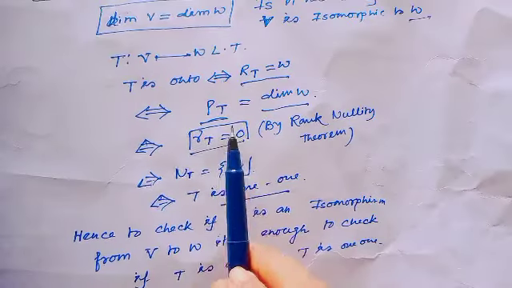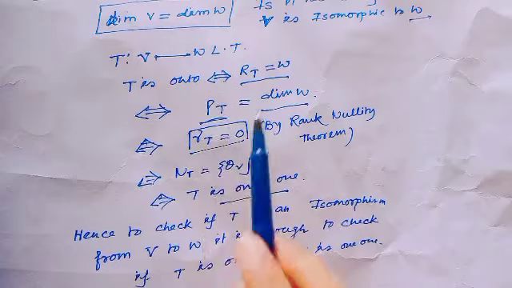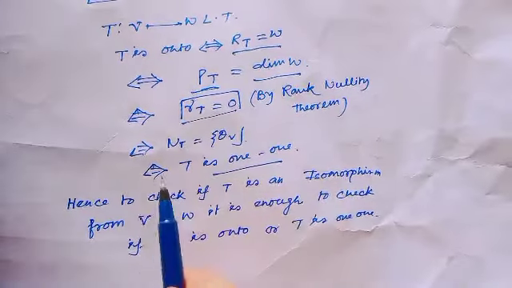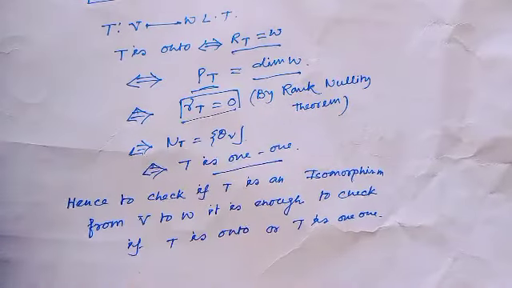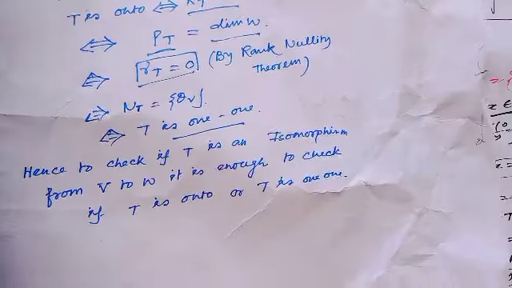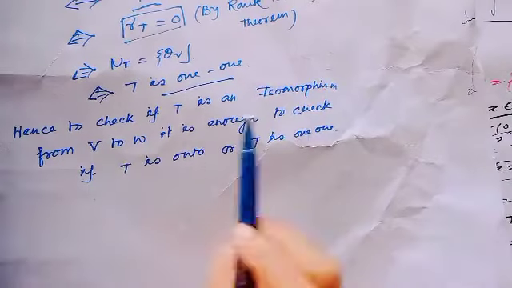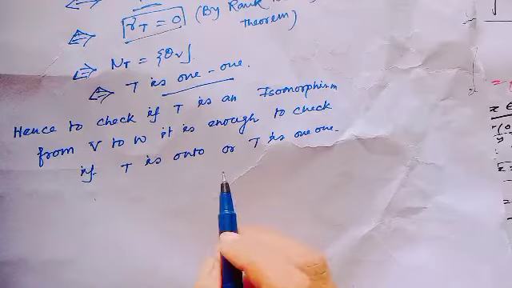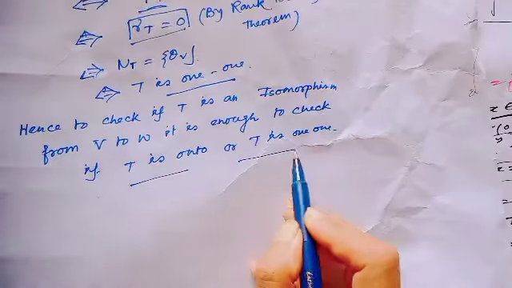That means in a linear transformation, onto always implies one-one. Also one-one always implies onto. This is an if and only if condition. That means if T is from V to W, to check whether it is an isomorphism it is enough to check if T is onto or T is one-one.